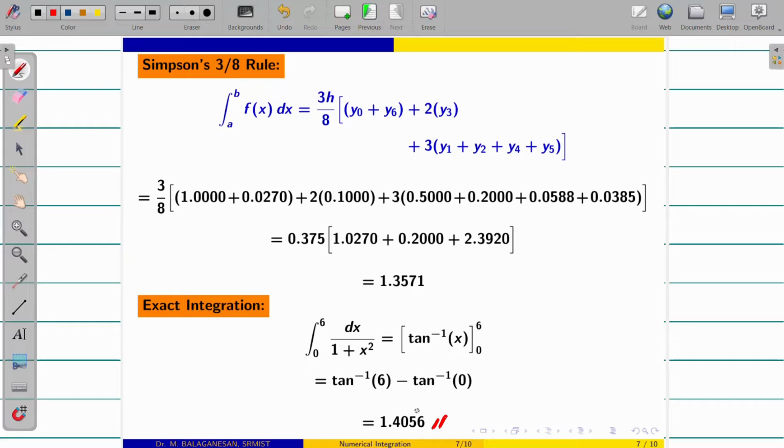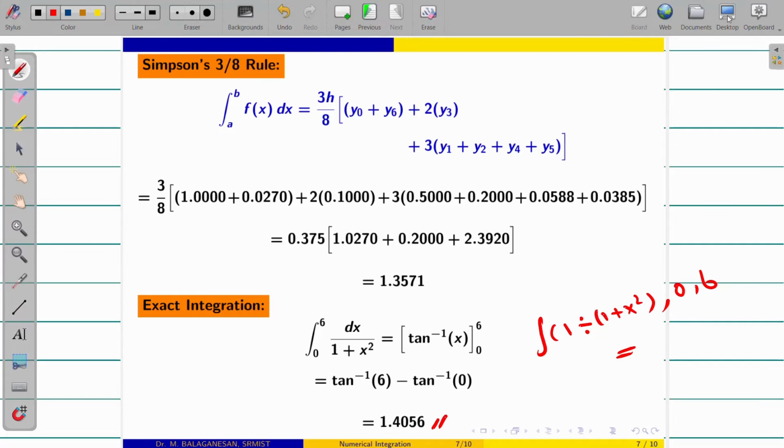Or instead of doing it manually, simply you can take your calculator and write the integral, the brace automatically will be there, 1 divided by, again brace, 1 plus x square, close the brace, comma, lower limit is 0, upper limit is 6. Press the equal to button.